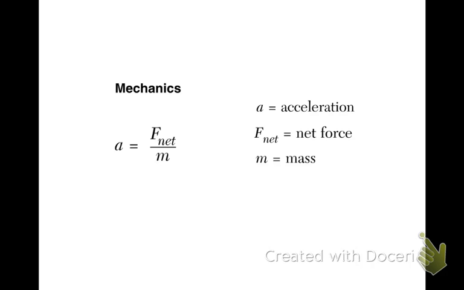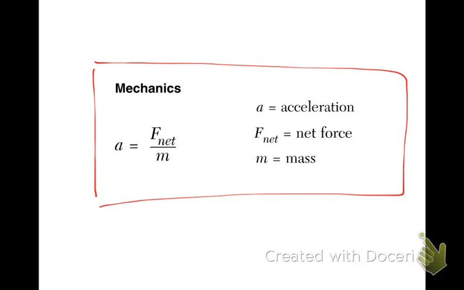Of course, I wanted to show you, in the mechanics section that you have, where you have this particular equation, you do have your a equals F net over m. Here's what all of the variables stand for. I really don't know why they didn't just simply write F net equals ma. It just seems more logical, easier to use, but of course I didn't do this, so that's what we're going to go with.